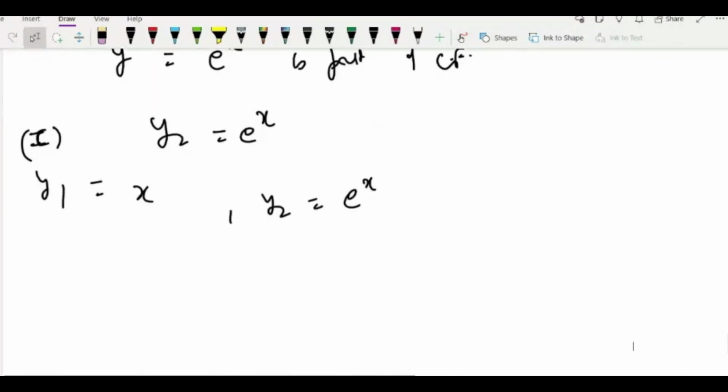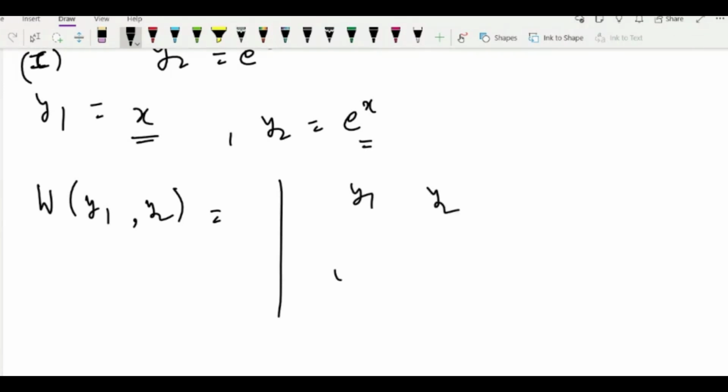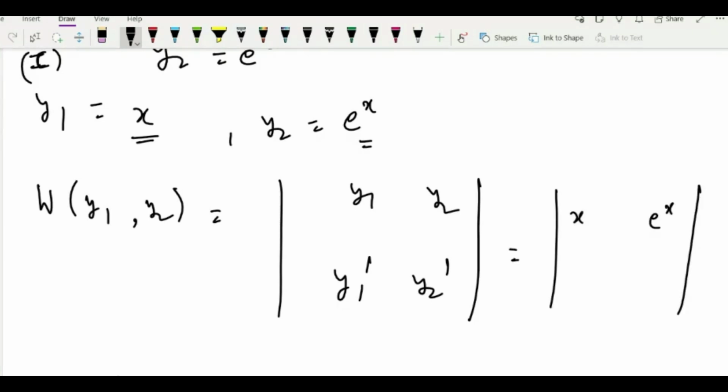Our next step is to find the Wronskian of y1 and y2, which will be given as: first write y1, y2, and secondly their derivatives. As there are two functions, it will become a 2 cross 2 matrix determinant: x, e raised to power x, and the derivatives 1 and e raised to power x.